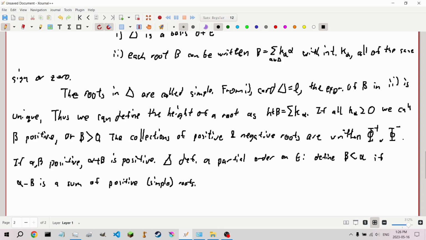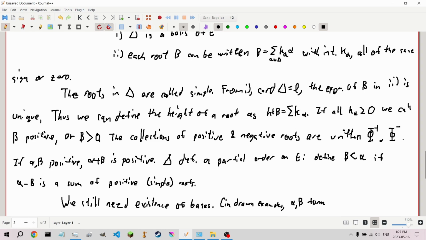Now we need existence of bases. In the drawn examples, alpha and beta form bases.